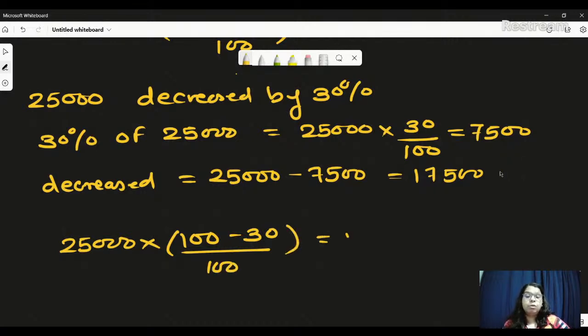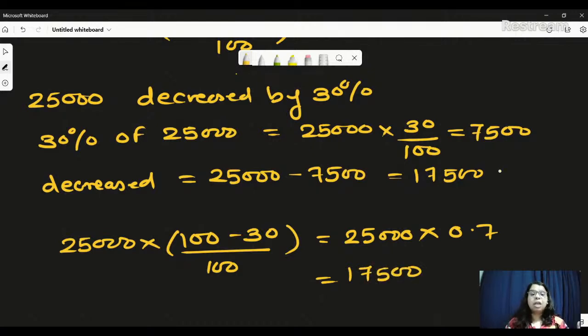So that is equal to 25,000 multiplied by 0.7, which is equal to 17,500. So this is how we calculate the increase and decrease of values using percentage.